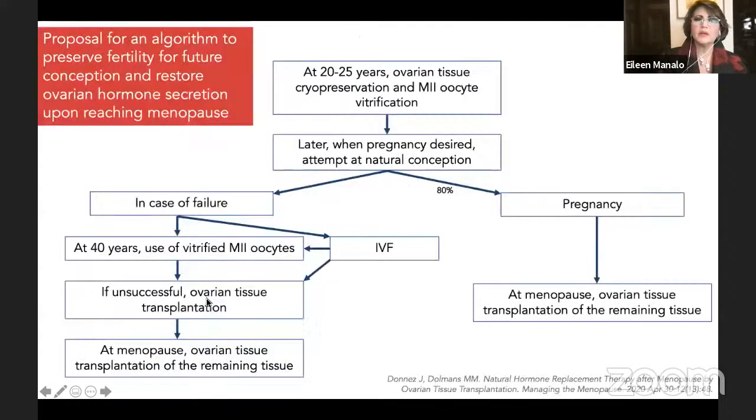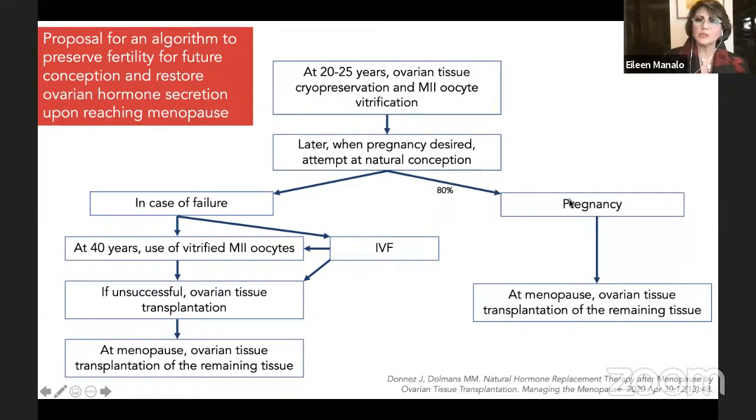Here, now you're going to combine restoration of ovarian hormone secretion, for delaying the menopause, and preserving fertility. What they advocate is that at 20 to 25 years, you can do your ovarian tissue cryopreservation, and you can also vitrify your M2 oocytes. Later, when pregnancy is desired, you can try natural conception.